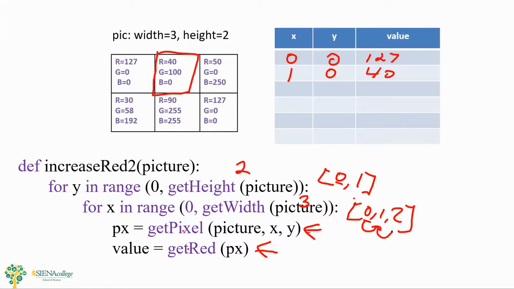We then, in our inner loop here with the x, we'll then move on to 2. Y stays as 0, but x will become 2. So we'll move to the top right pixel. And red here has a value of 50.